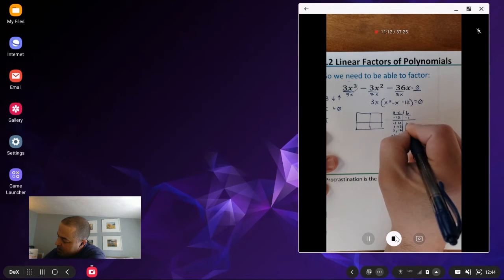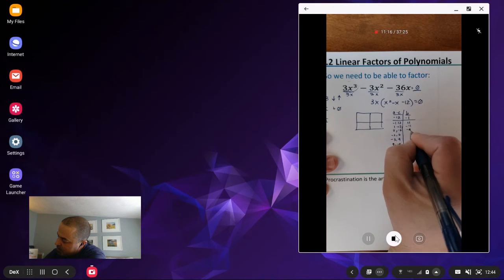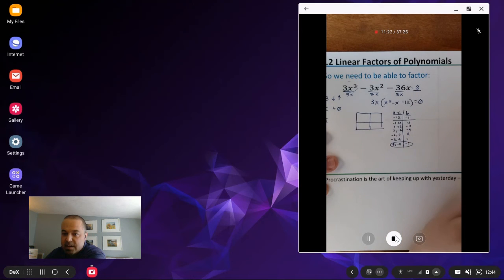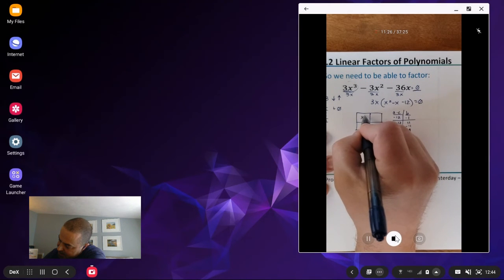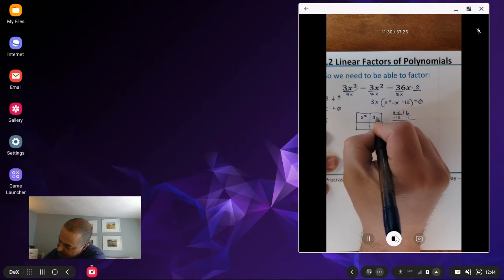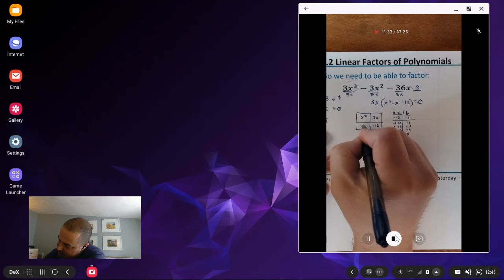Okay? So this is going to give me 11, this is going to give me negative 11, this is going to give me negative 4, this is going to give me positive 4, this is going to give me 1, and this is going to give me negative 1. So there's our factors. Okay, so that means x squared here, negative 12 here, positive 3x here, negative 4x here.